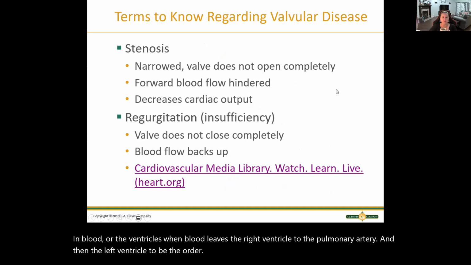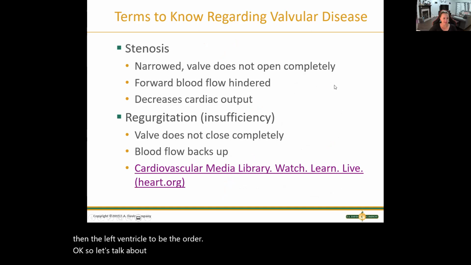Okay, so let's talk about some key terms. What does stenosis mean? This means that valves are narrowed and can't be opened completely. This can happen for a lot of different reasons. The two most common problems we have with our valves are stenosis or regurgitation.